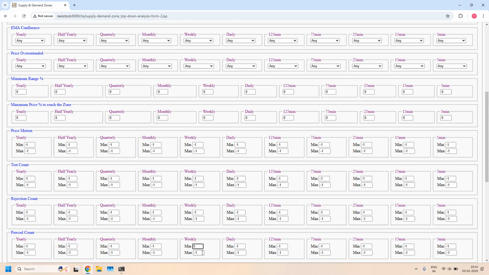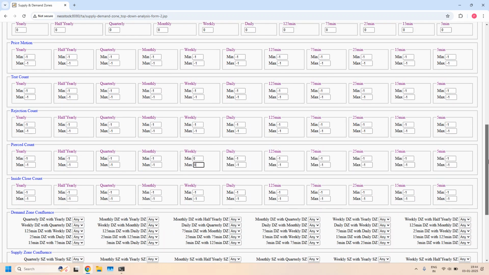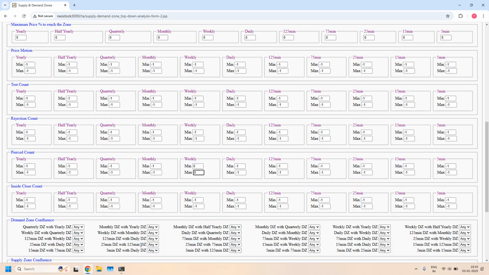Minimum value 0, maximum value 0. Okay. Now in the demand zone confluence, first let us filter based on weekly and monthly demand zone confluence related stocks. Zone confluence. Weekly demand zone with monthly demand zone confluence.